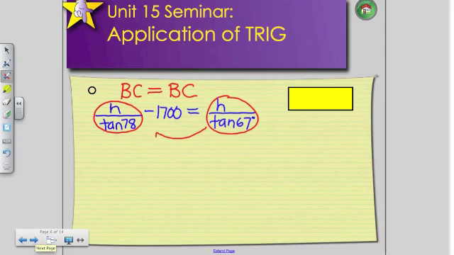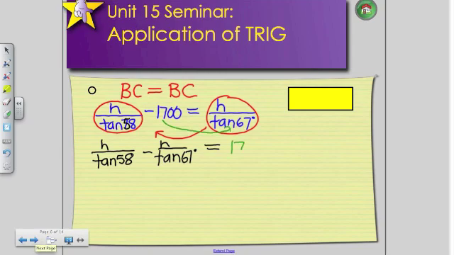So I'm going to move this over to the other side. So H over tan 58 subtract H over tan 67 degrees is going to be equal to 1700. Instead of being negative 1700, that's going to move over to the other side, so that's going to be a positive 1700.